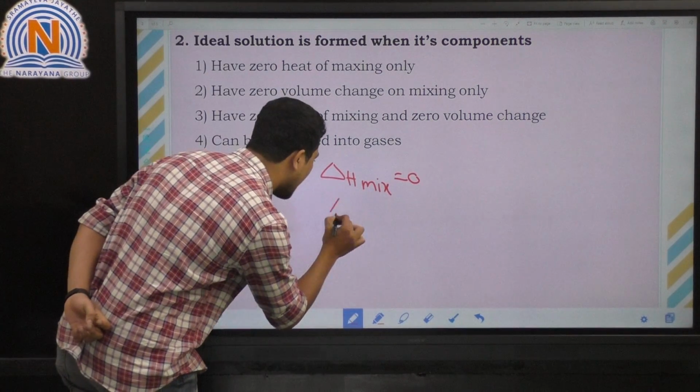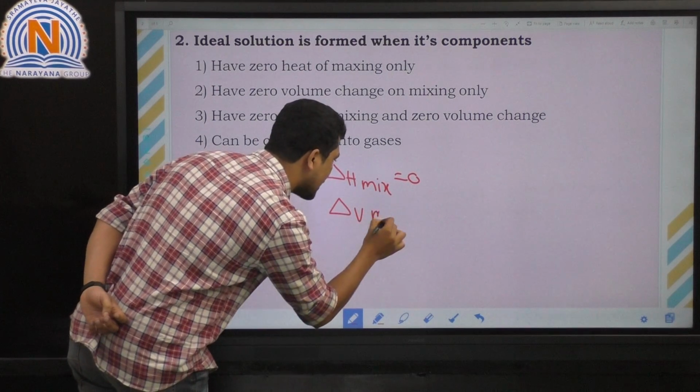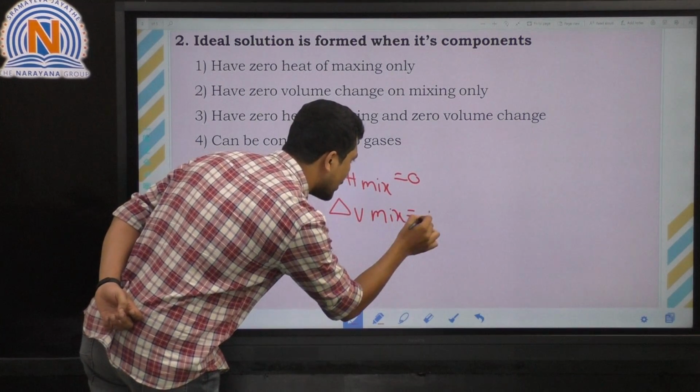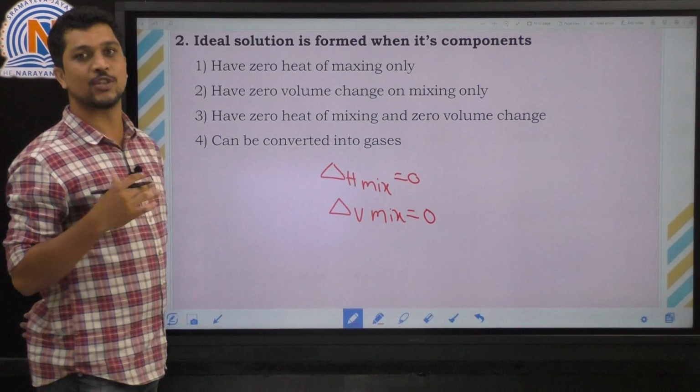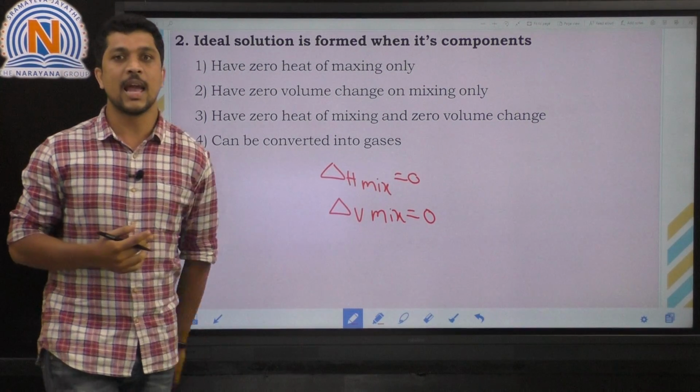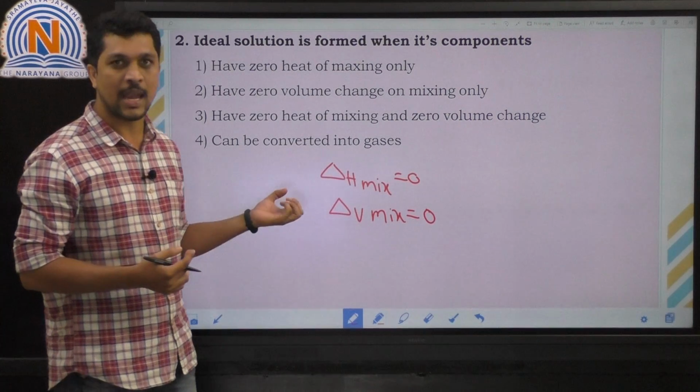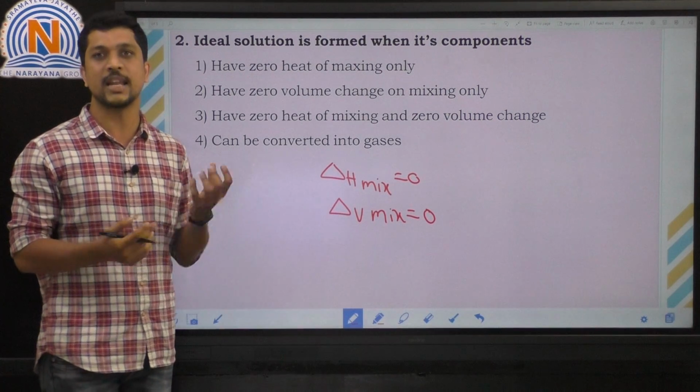That means delta V mix also 0 for an ideal solution. So they have 0 volume change on mixing and they have 0 change in enthalpy of mixing.